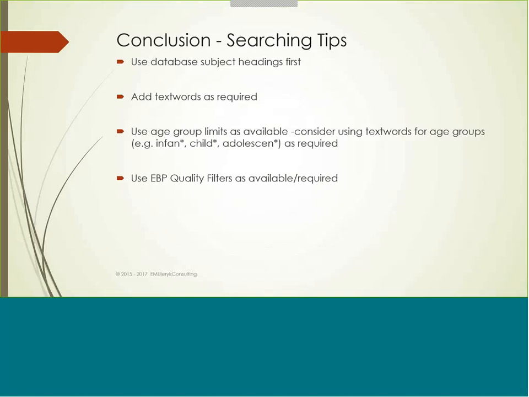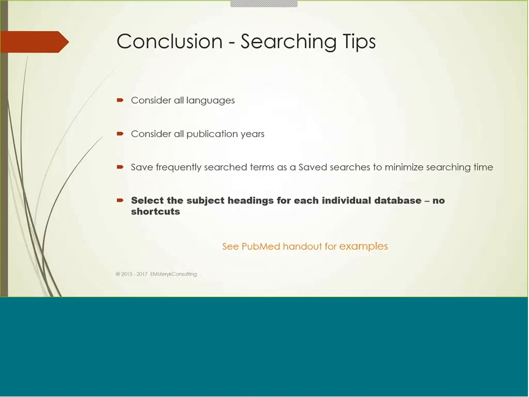Multi-center studies were better, and cohort studies usually gave us some results, even if they were just retrospective studies or chart reviews. That's the nature of some of the subjects or populations. Consider all languages. You never know when there's some gem that was published in another language.